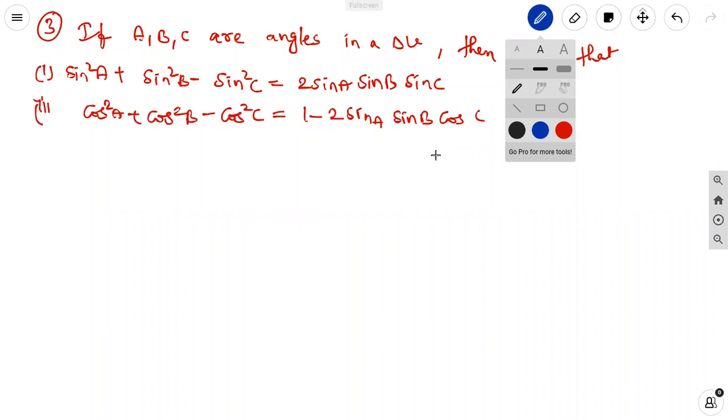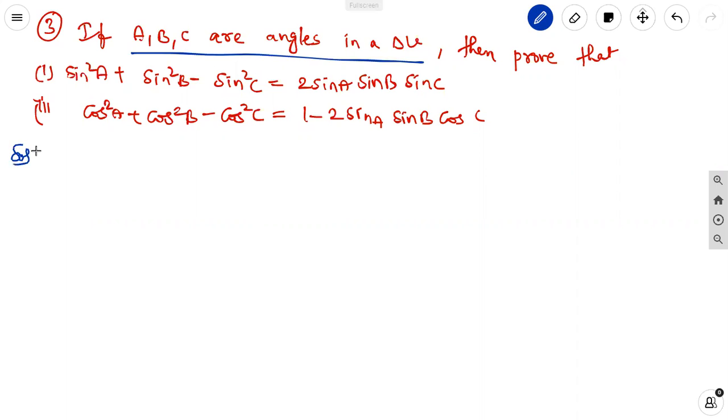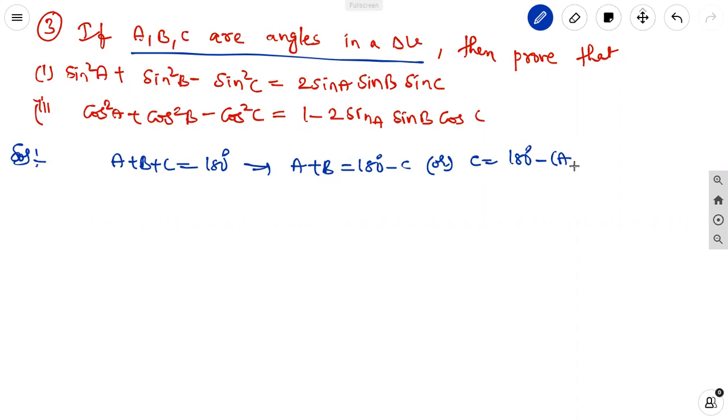The question is, if A, B, C are angles in a triangle, then immediately we can write it as A plus B plus C equal to 180 degrees. From this, A plus B equals 180 degrees minus C, or C equals 180 degrees minus of A plus B. Whichever is suitable, we can choose.